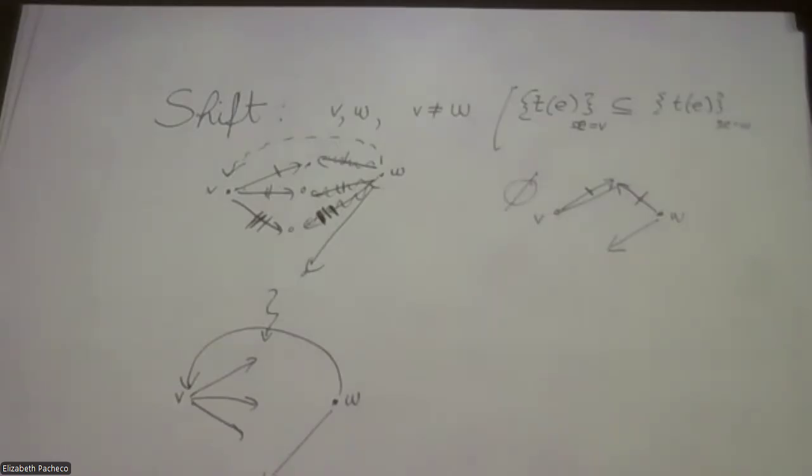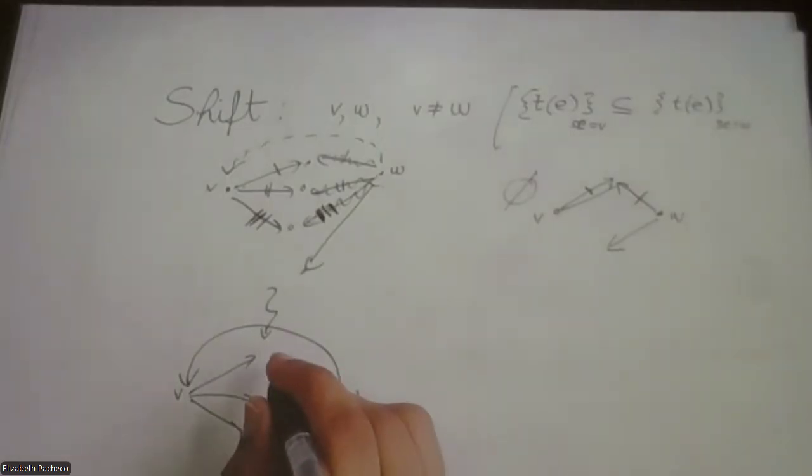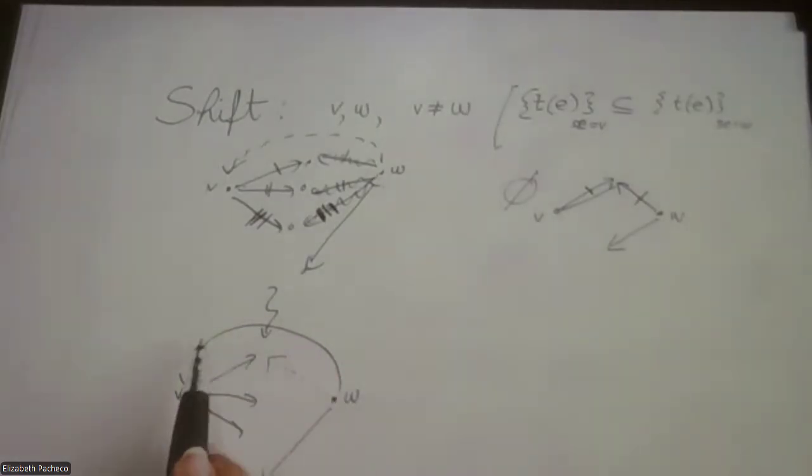You erase from the vertex that possibly has more arrows coming out of it in the matched-up way, and then you add an arrow from W to V, so that your paths of length 1 are replaced by paths of length 2. This path was replaced by that path.